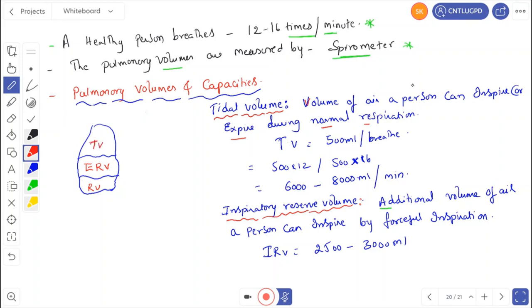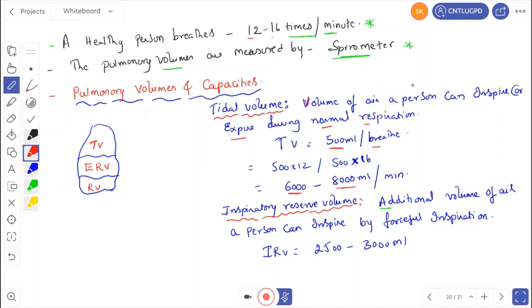A person inspires this air and sends out the same amount. How much is that? It is 500 ml per breath. A person breathes 12 to 16 times, so per minute it is 500 times 12 or 500 times 16. You will get around 6000 ml to 8000 ml of air. That is called tidal volume.